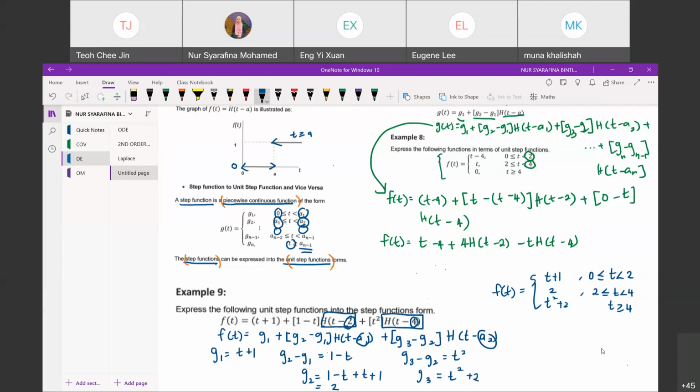So we start from 0 to a1, a1 is 2, and then 2 to a2, a2 is 4. And then the last one, t greater than or equal to 4, because that one is approaching infinity. Can we proceed?